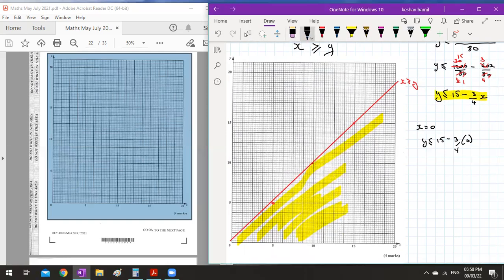And x is 0, so y is less than or equal to 15, because 3/4 by 0 is 0. So on the 0 point, 15 is here. And let me say when x is 10, y would therefore be less than or equal to 15 minus 3/4 of 10.